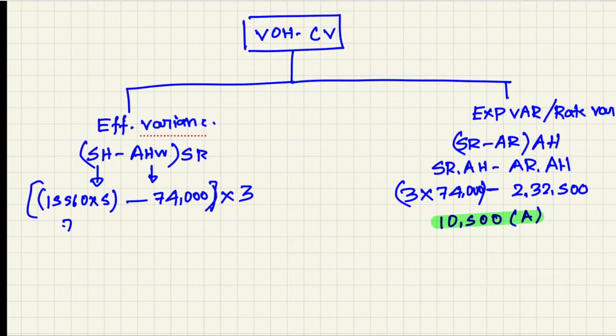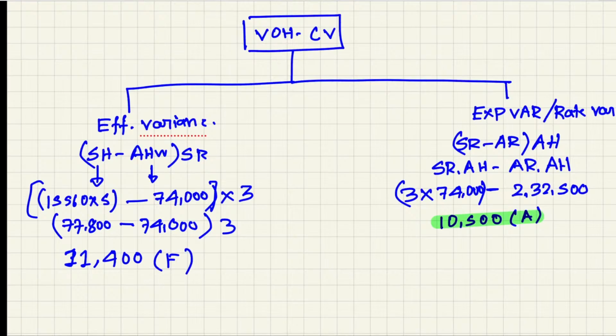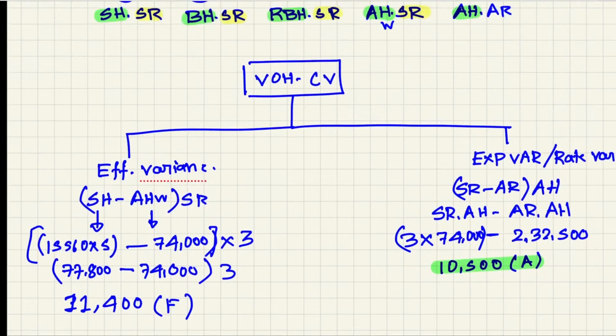This is 77,800 minus 74,000 into 3. So it is 11,400 favorable. So they have not asked anything about what is the overall cost variance. So we need not find it in this problem.